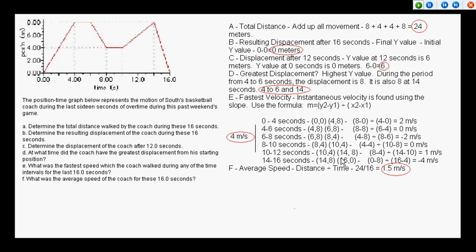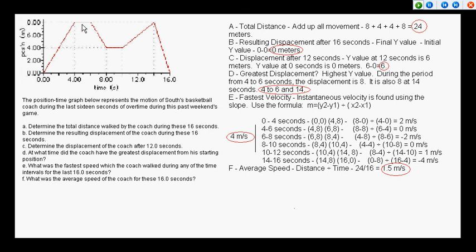But I just went through all of the math just to check my work, and I'll just start with the first section. From 0 to 4 seconds starts at (0, 0) and (4, 8), and then you take the y2 minus y1 and you get 8 minus 0, and you take the x2 minus x1 and you get 4 minus 0. Divide those two values and you get 2 meters per second.